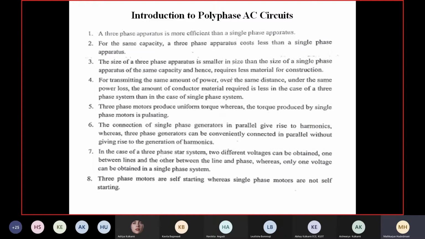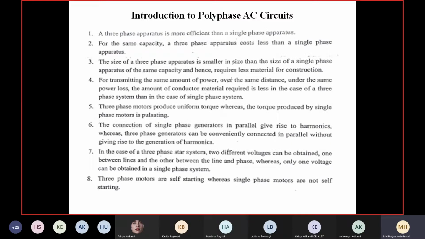The choice is yours. Suppose you take a three phase motor: they are self-starting, first thing, and they produce uniform torque. They are not going to make any pulsation, stop, start, stop, start, rapid and slow. That kind of intermittent or pulsational torque jerk is not seen in a three phase motor.